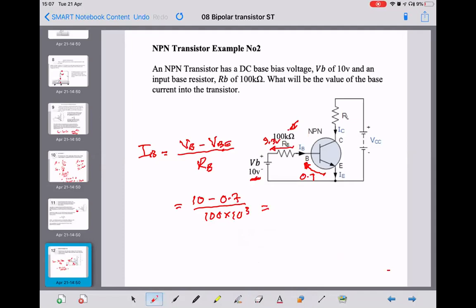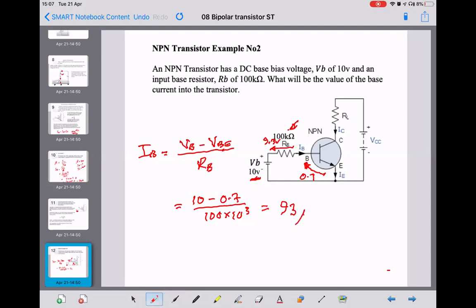Anybody put that in a calculator? I'm on it. Have the answer in microamps, please. 93 times 10 to the -6.